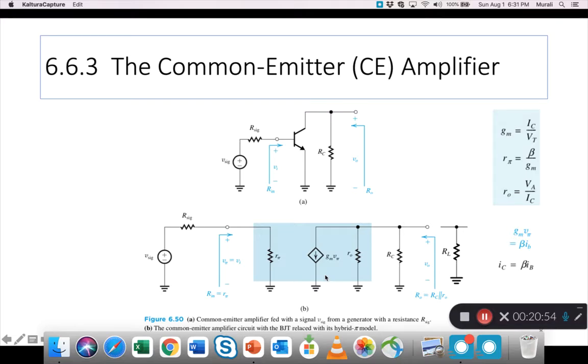And the goal is to somehow find the input resistance Rin, the output resistance Ro, and some amplification factor such as open circuit voltage gain or closed loop voltage gain, overall voltage gain, meaning all the way to the output voltage divided by the signal voltage. So some such gain has to be calculated.